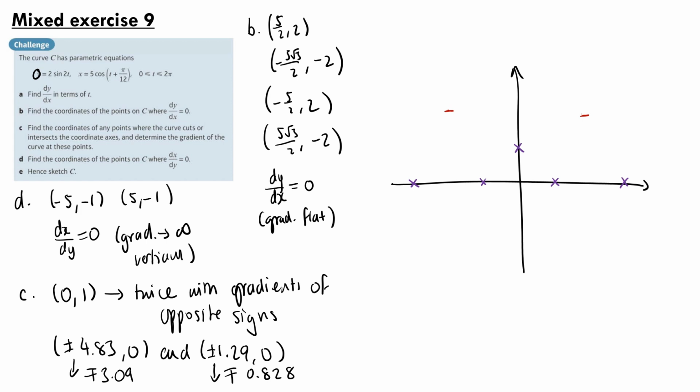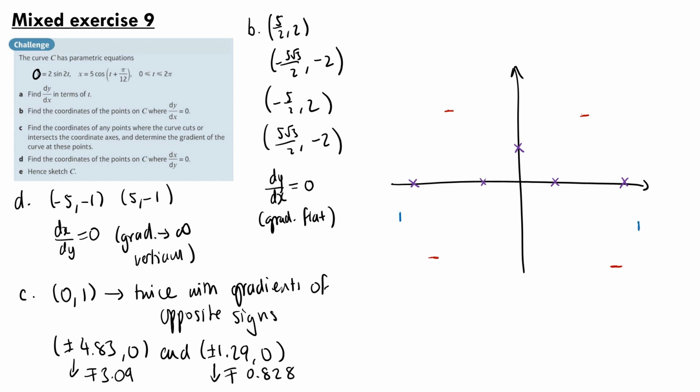Then we're going to have 5 root 3 over 2, which is just less than 5. So the gradients are going to be flat about there and also there. Then looking at where the gradients are vertical, that's going to be at minus 5, minus 1, and 5, minus 1. So somewhere there, just past the root of 4.83, and also somewhere there.